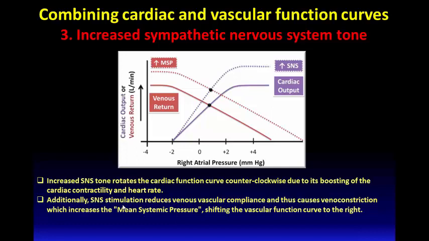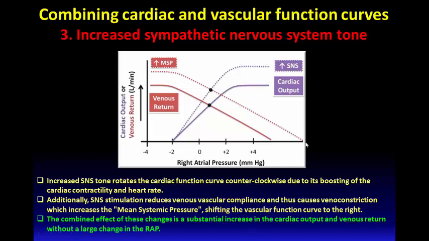As a result, the venous return curve, the vascular function curve, is shifted to the right, along with its intersection point at the x-axis, indicating an increase in the mean circulatory pressure.